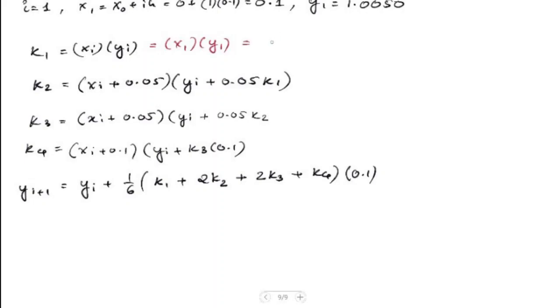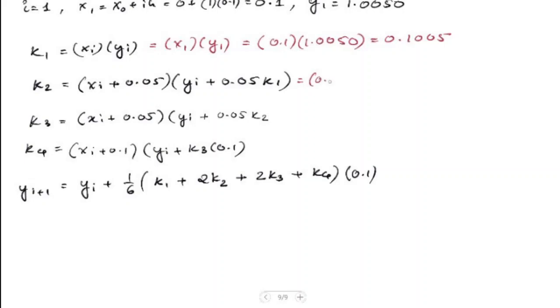So now we have here x1 is 0.1 times, we have y1, that's 1.0050, which will be equal to 0.1005. Now for k2, we have here x1 plus, so x1 is 0.1 plus 0.05.